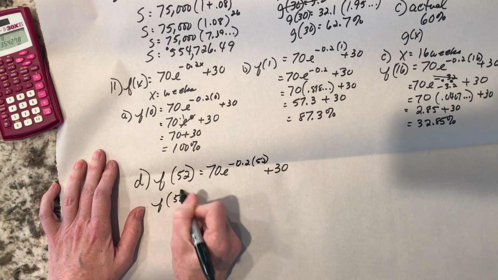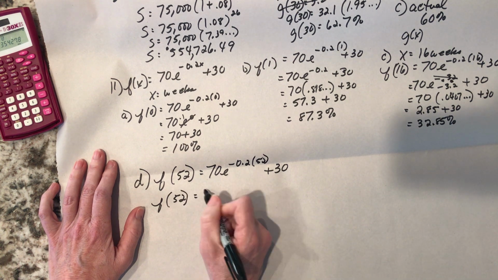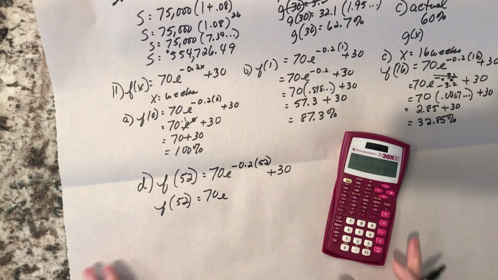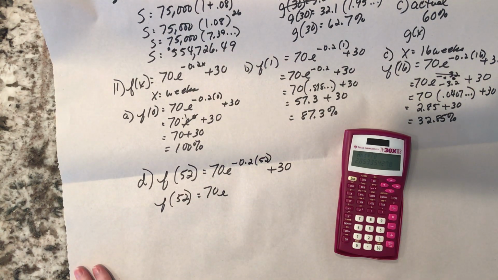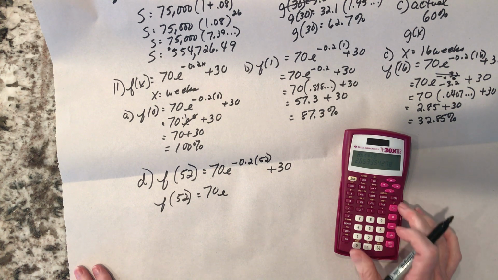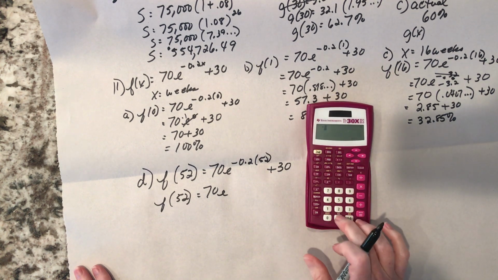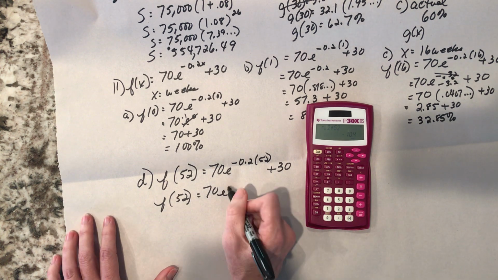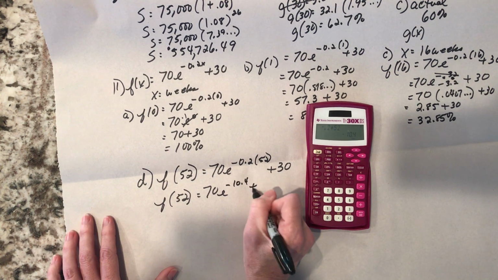So at 52 weeks, a year after you learn this material, 70 times e to the negative 0.2 times 52. That's going to be 10.4. Let's see, negative 0.2 times 52, 10.4, cool. Negative 10.4 plus 30.